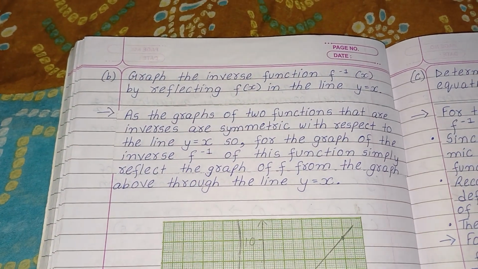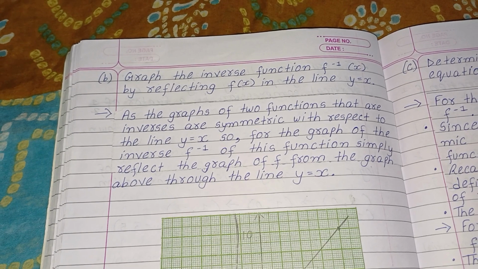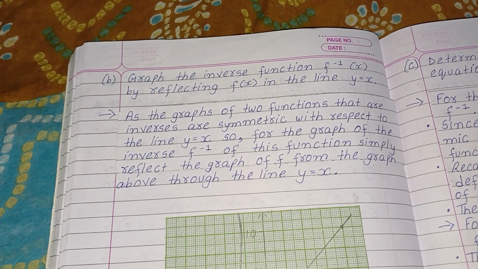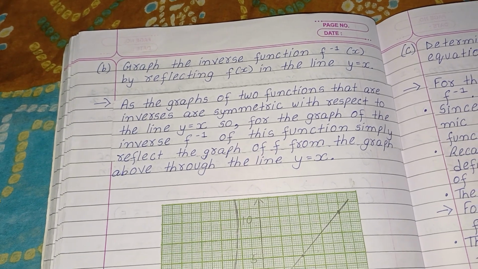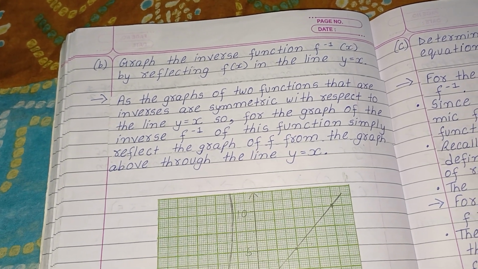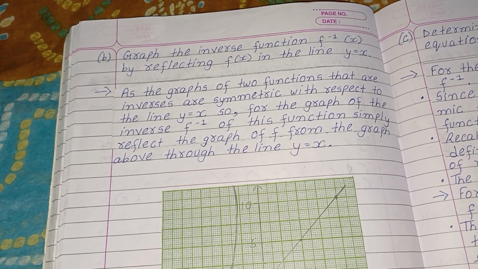Now B: graph the inverse function f^-1(x) by reflecting f(x) in the line y = x. Here is the graph of two functions that are increasing and symmetric with respect to the line y = x.